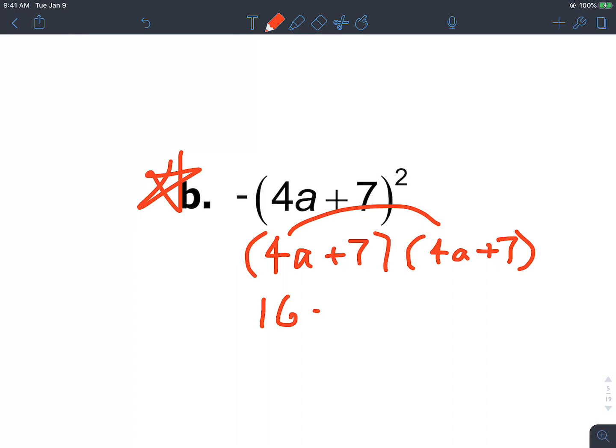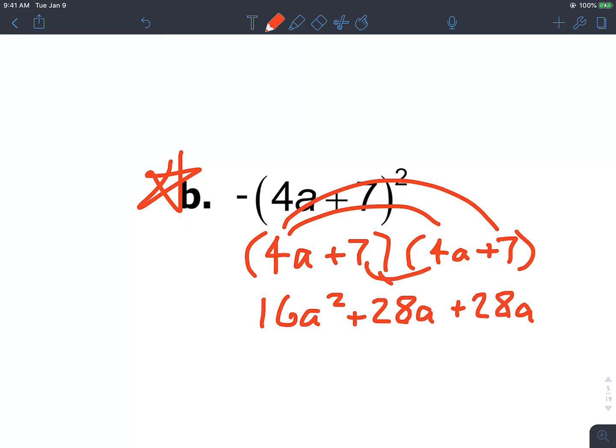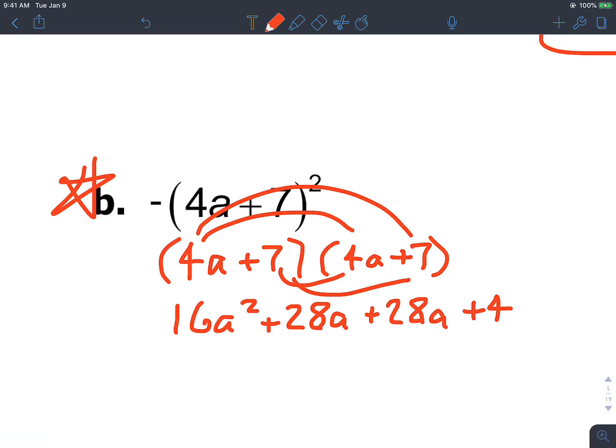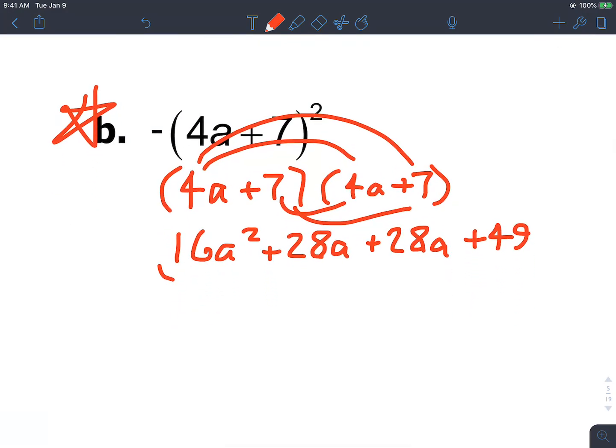So 4a times 4a is 16a squared. 4a times 7, that's 28a. Another 28a. And then plus 49. But then don't forget, all of this stuff here is still negative. Now before I distribute my negative in, I'm going to go ahead and combine like terms.